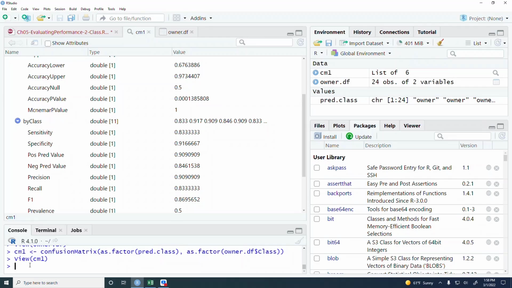So if you say CM1, by class, all right, and then you say 1, that will give you the sensitivity. And then if you say 2, that will give you the second one, which is specificity.